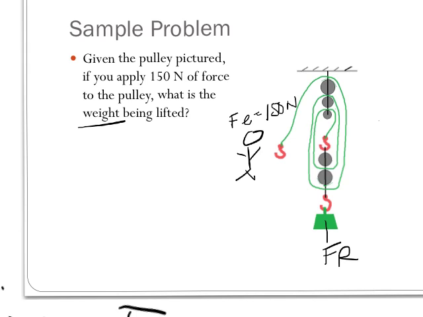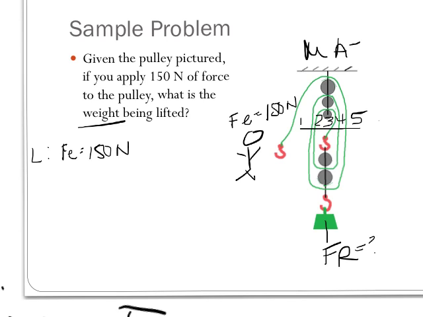Remember, weight of the object is your FR. So that's our question mark. We know that FE equals 150 newtons. If we use our new rule, we can figure out MA. There's 1, 2, 3, 4, 5 strings.